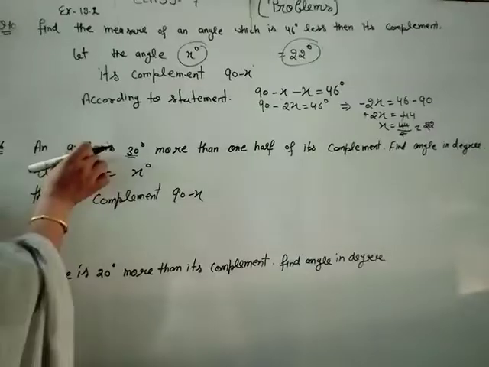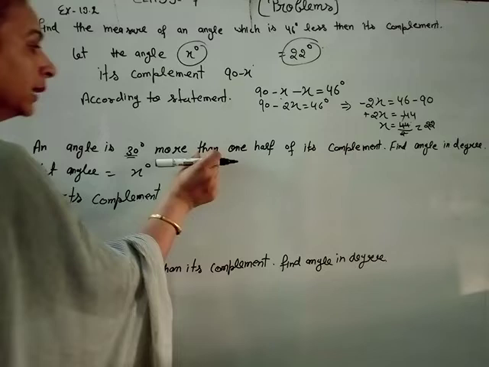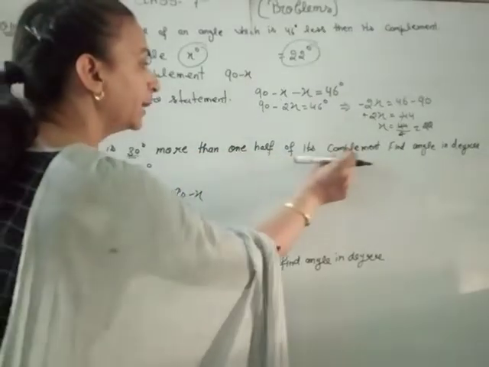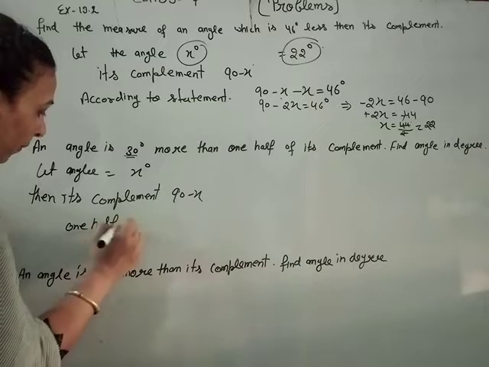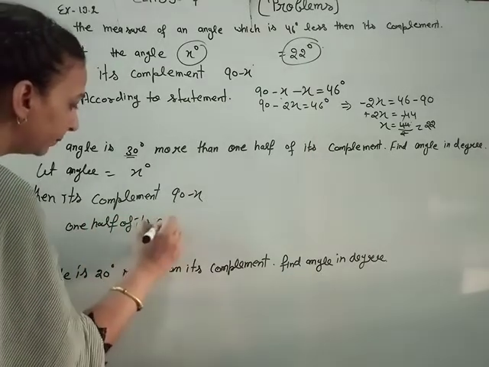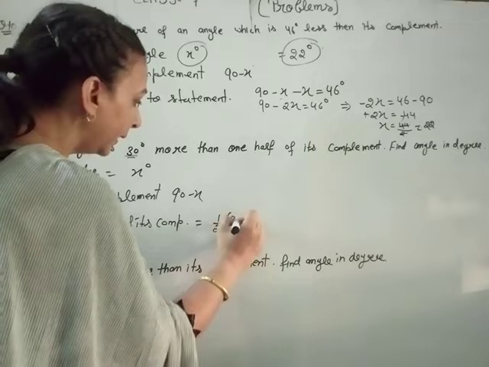Then according to the statement, this angle is 30 degrees more than 1/2 of its complement. Half of its complement equals 1 by 2 times 90 minus x.